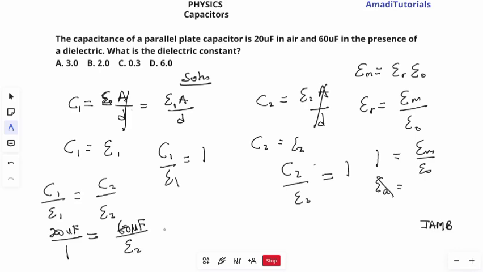So if you make E2 the subject of the formula by cross multiplying, E2 will be 60 divided by 20. Of course, microfarad will cancel microfarad, and 20 goes into 60 three times. So the relative dielectric constant of the new material medium is 3.